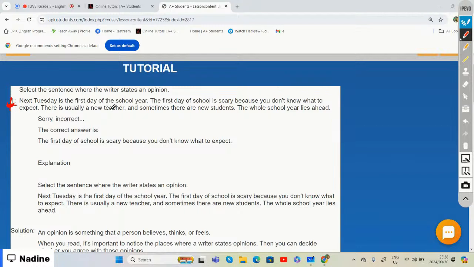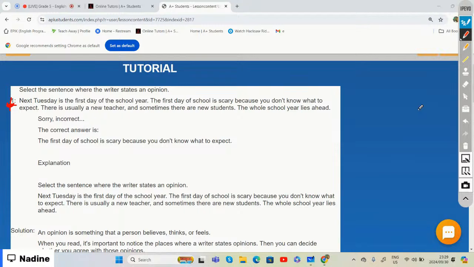There is usually a new teacher, and sometimes there are new students. The whole school year lies ahead. If you read those four sentences, which sentence do you think the writer states an opinion?